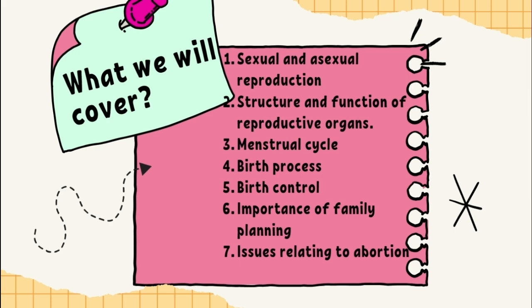Although, the female one I'm going to take more time on because a lot more goes on there. Then you have the menstrual cycle, the birth process, birth control, the importance of family planning, and then the issues relating to abortion. This is just a quick crash course, so we're going to go over everything in a timely manner.